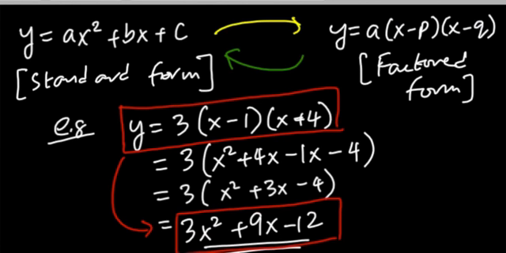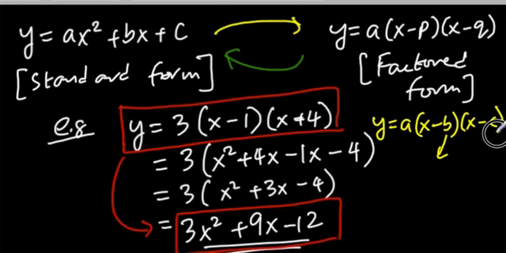Say, for example, y equals a(x minus b)(x minus c). In this case, b and c are the x-intercepts. I could have called them e and f, g and h, i and j. It doesn't really matter what you call them, but they stand for the x-intercepts. I just called them p and q because those were the letters I liked. So you need to pay attention to what form it is and what we're really looking for.